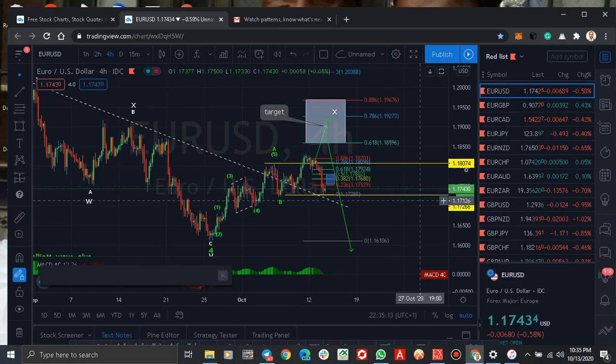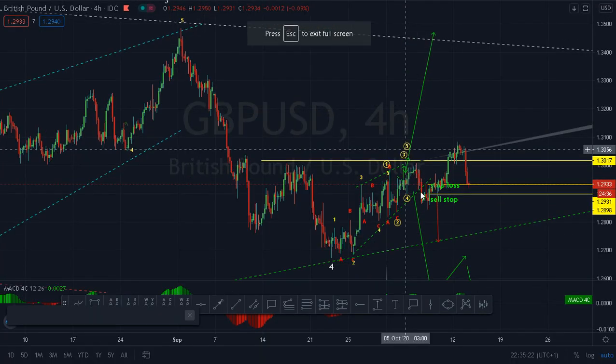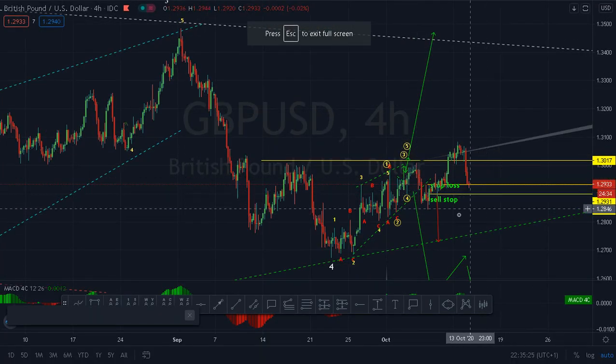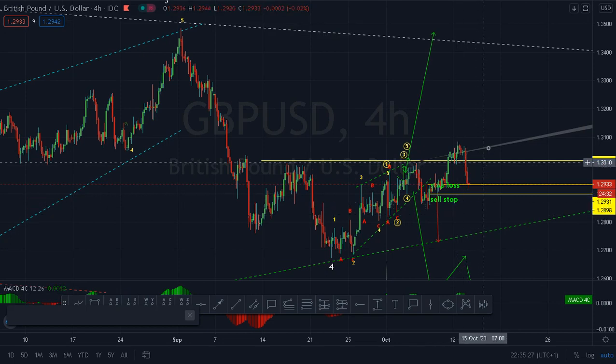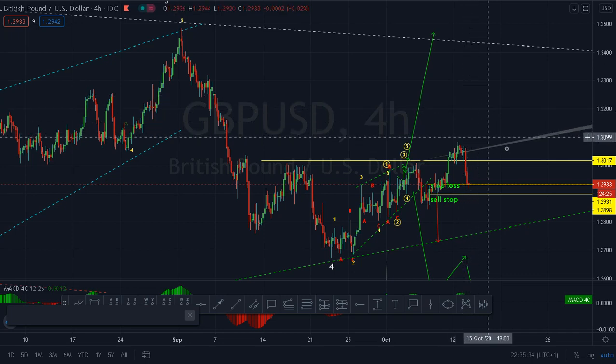Let's go to GBP USD. On GBP USD, we also see what happened. All the bullish hope is almost dashed.